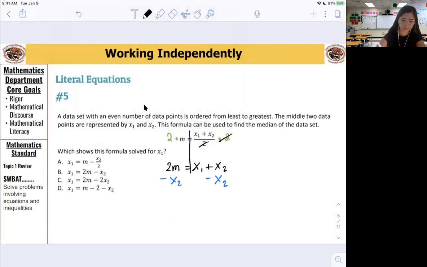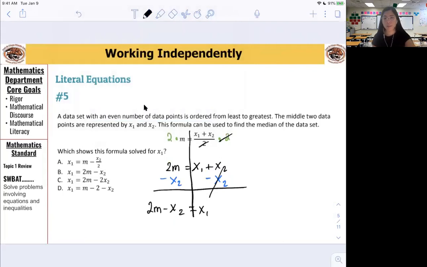So when I subtract x2, I'm left with x1 all by itself. And then on the left side, I have 2m minus x2 because you can't combine them. So we're keeping them separate with subtraction. And if you look carefully, that matches up with answer choice B, 2m minus x2. Literal equations. All right, moving on.